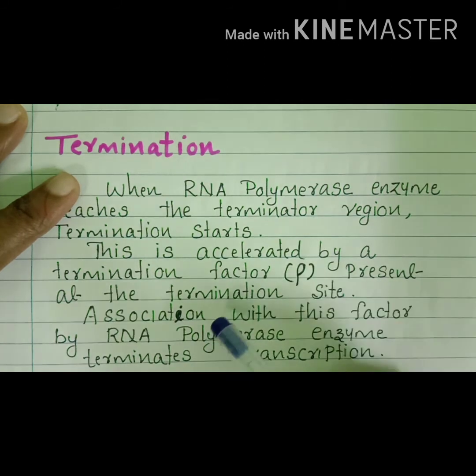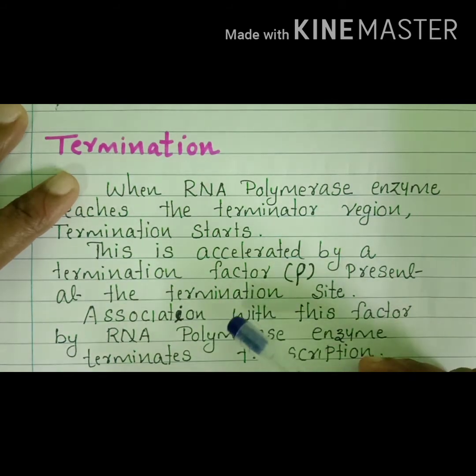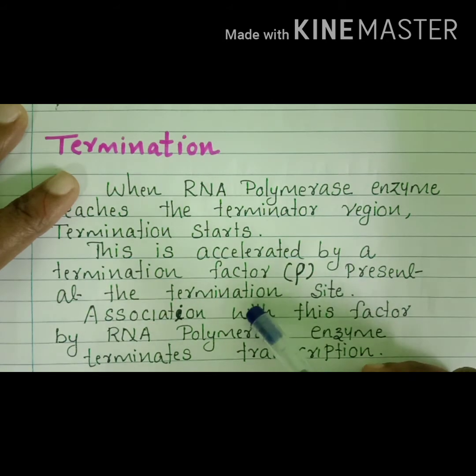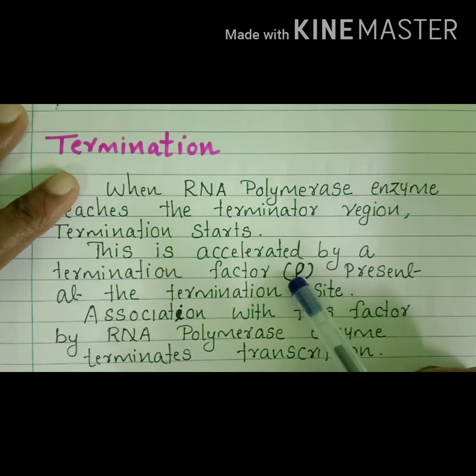We have already mentioned the sigma factor. That factor is present at the initiation time, on the promoter site. At that time, it binds with the RNA polymerase enzyme in order to initiate the process. So here, in order to terminate this process, there is a factor called the termination factor or Rho factor.